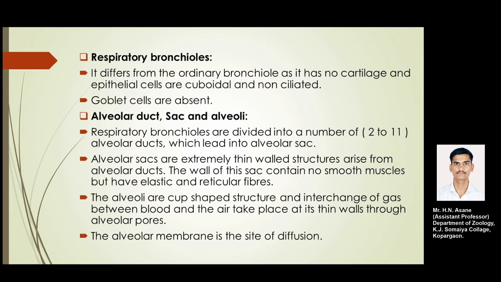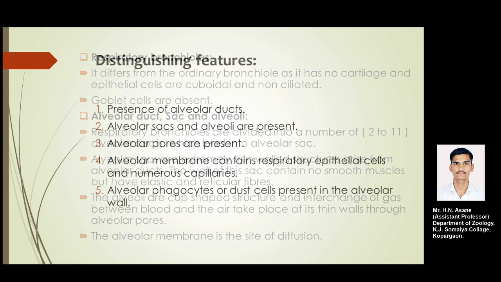So the alveoli are cup-shaped, as I said. The alveolar membrane is the actual site of diffusion in the alveolar sac, through the membrane and the pores present on it.